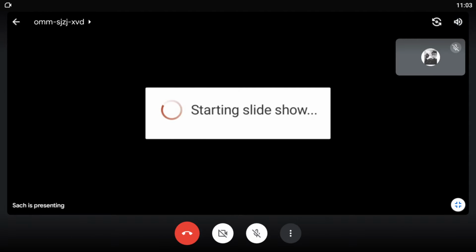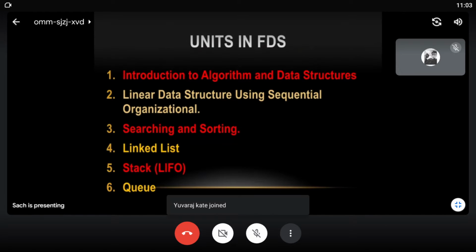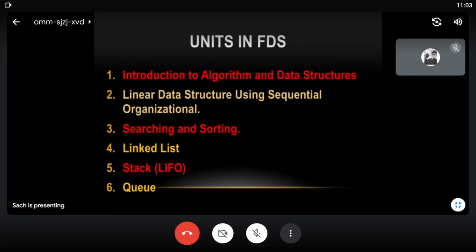To the online lecture series of FDS. Now, as far as FDS is concerned, we have these 6 units. The first is dedicated to algorithm and data structures. Next is linear data structures using sequential organization.